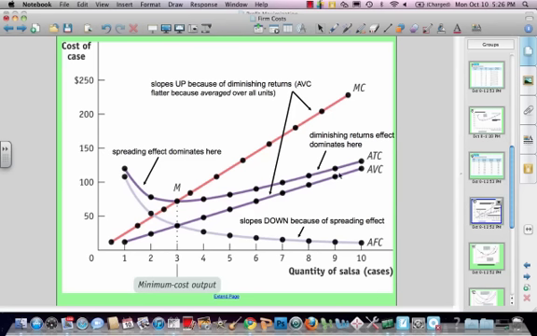We then took a look at the relationship between the average total cost, which we just derived, the average variable cost, average fixed cost, and the marginal cost curve, and discussed why we have these curves and why these two curves actually are sloping upward.